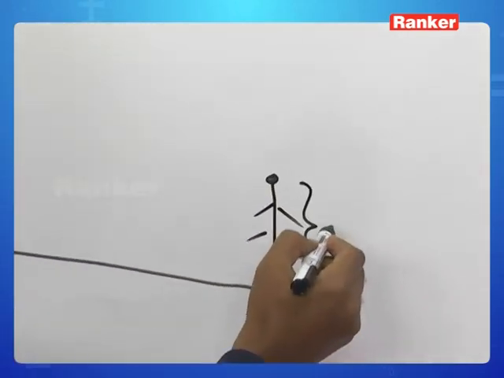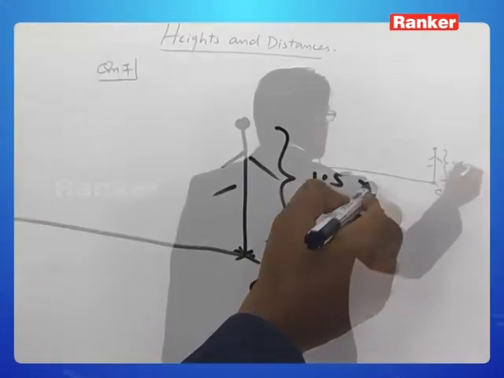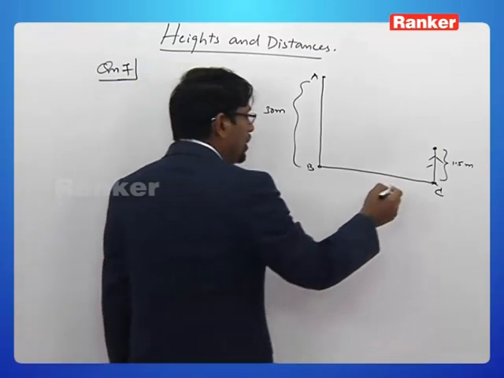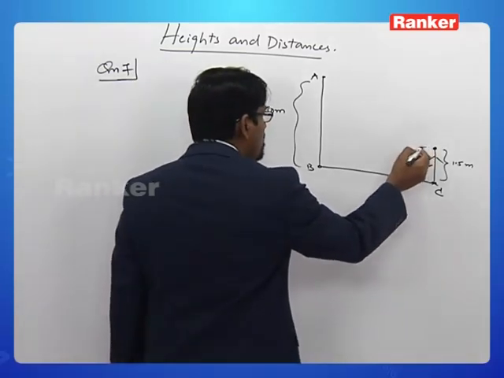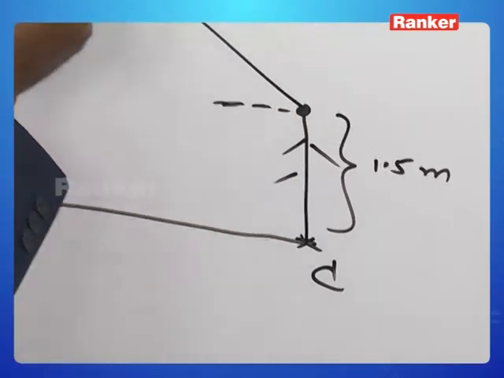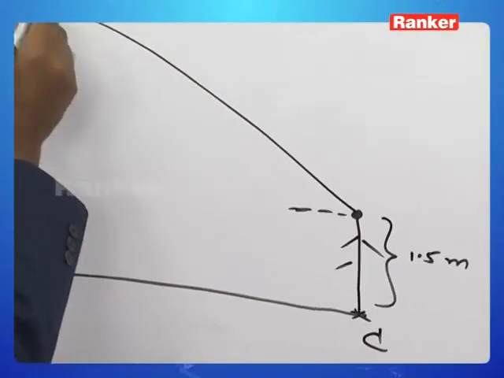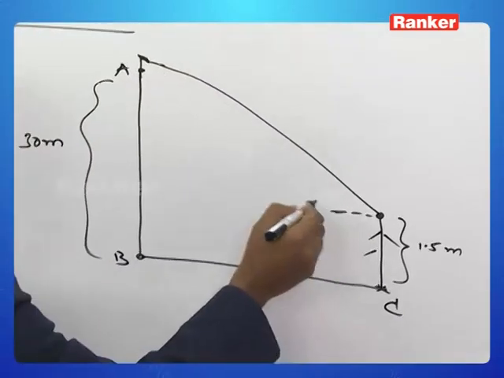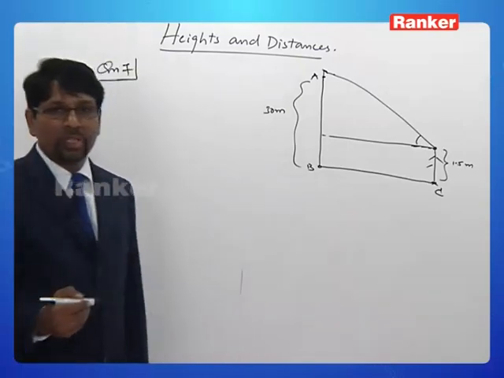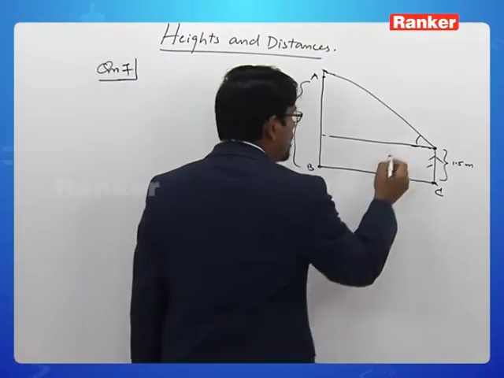His height is 1.5 meters. Now he moves some distance. Right now his angle of elevation to the top of the building, if you measure from here, is 30 degrees.